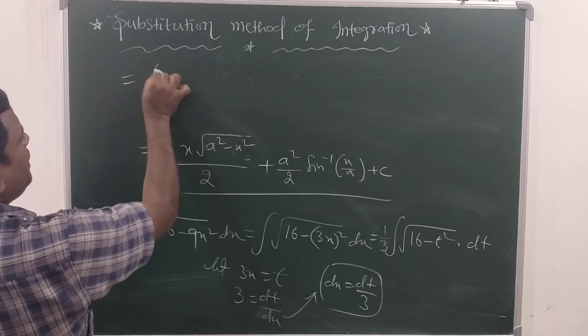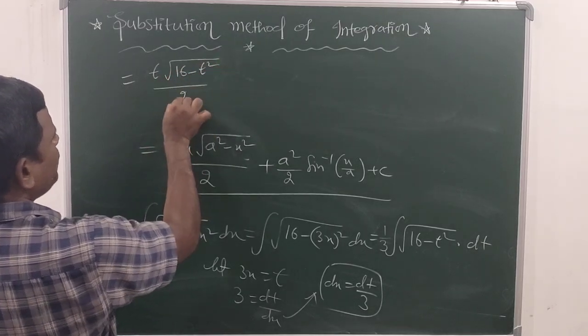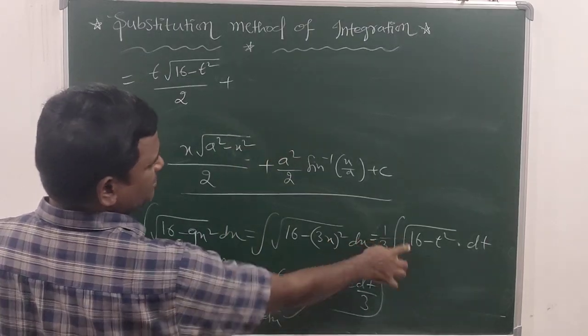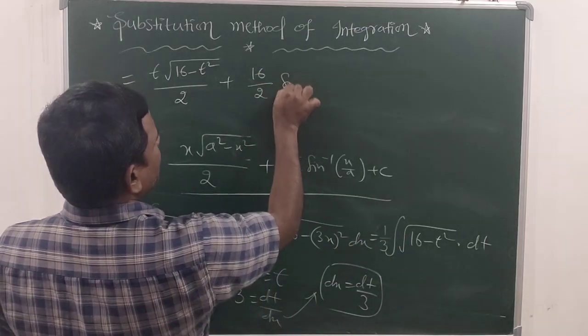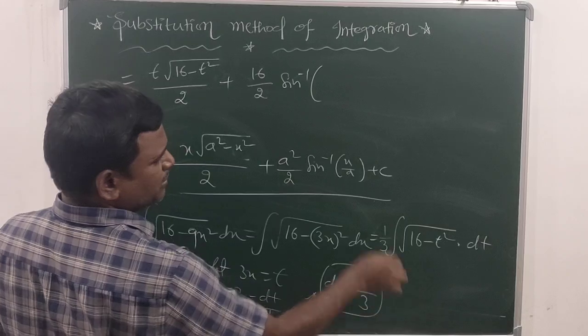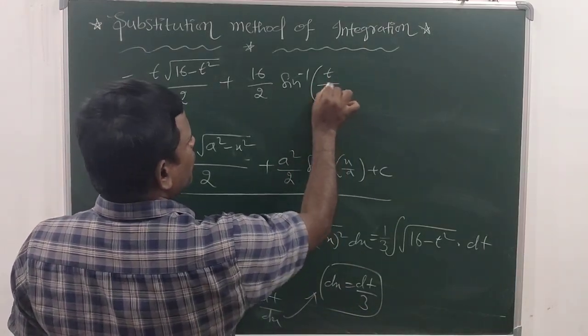T. So t into root 16 minus t square by 2 you will get, plus a square value 16 by 2 sin inverse of x by a, x value t by a value 4, plus c.